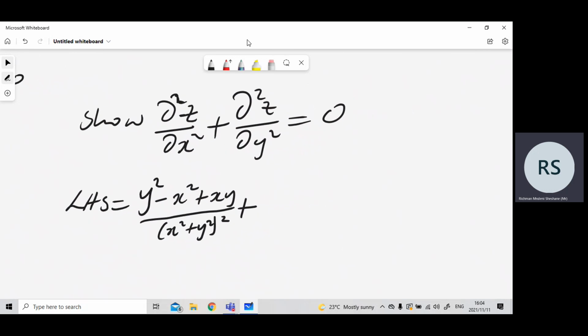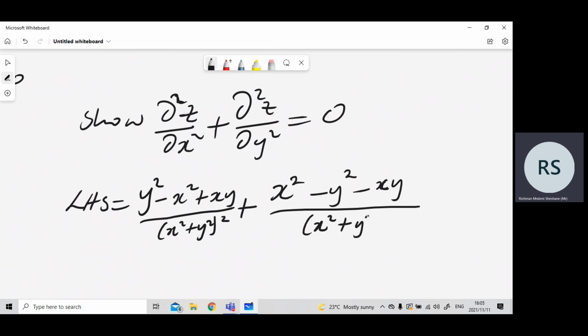We said it's x squared minus y squared minus xy all over (x squared plus y squared) squared.